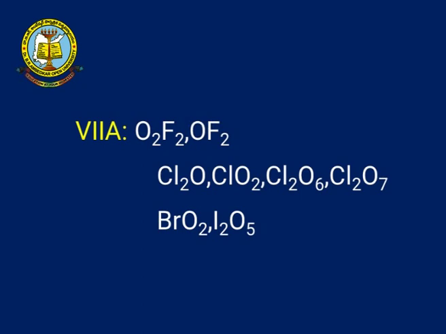So, in the 7th group halogens, the big size elements except fluorine, the remaining chlorine, bromine, iodine can form more oxides like monoxides, dioxides, hexoxides and heptoxides.